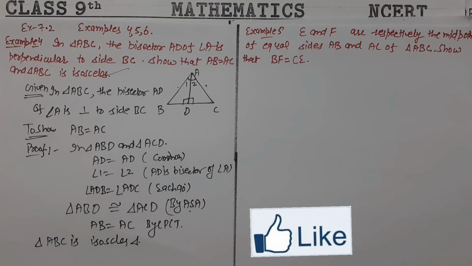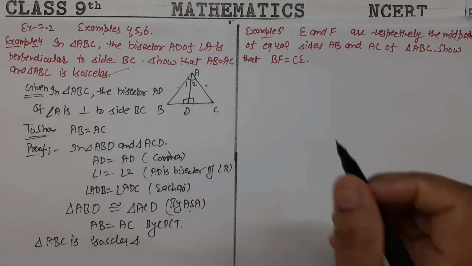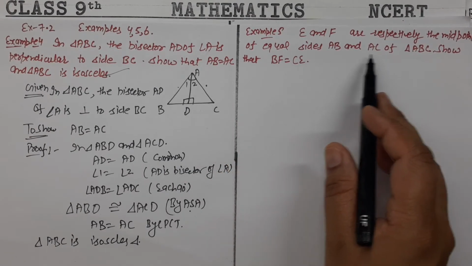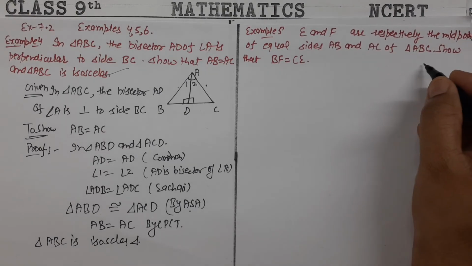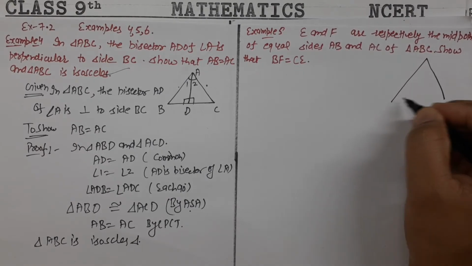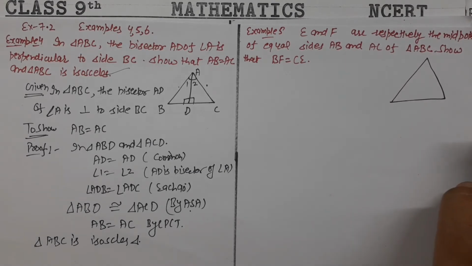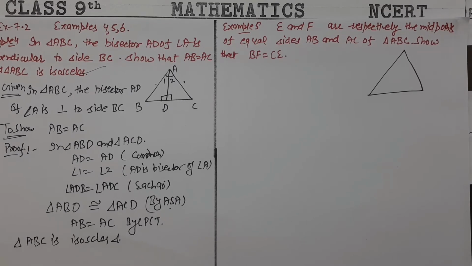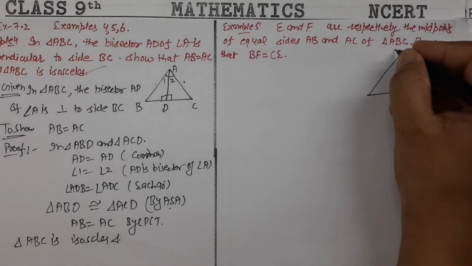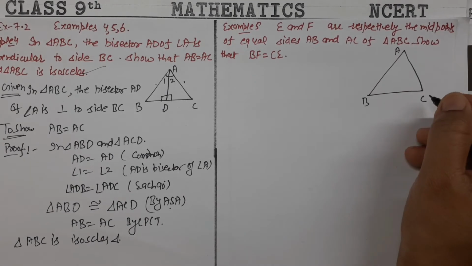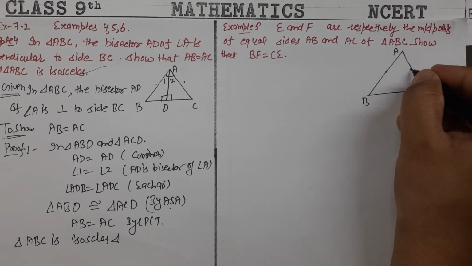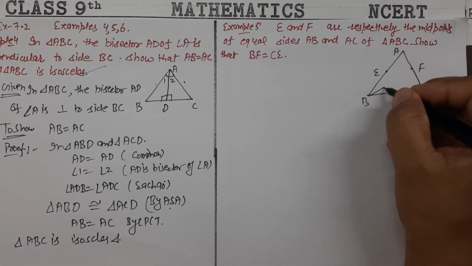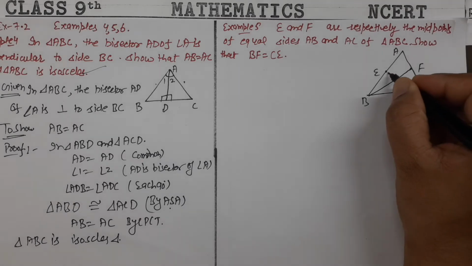Now the next, example number 5. E and F are respectively the midpoints of equal sides AB and AC of triangle ABC. Triangle ABC, point E, point F. These are the midpoints.